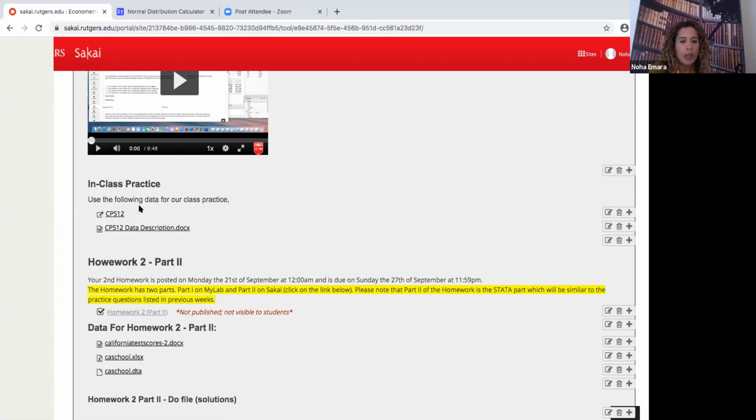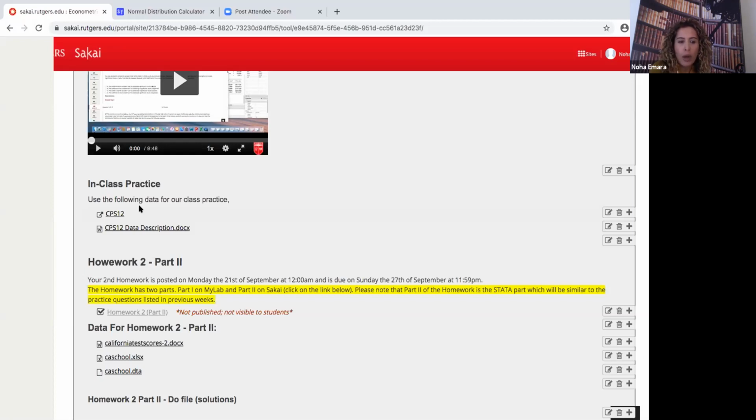That's why I sent it by email before our class, and that's what I'm going to do every time, because I want to make sure that you are able to get the data set. Every time we have a data set, I'm sending a data description, because the data set has abbreviations. You will not be able to understand what IN is until you read the description. IN means income. Each data set has its own abbreviations, so it's very important to read the data description.